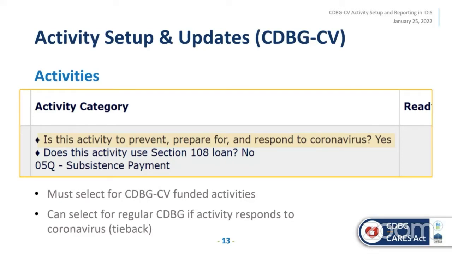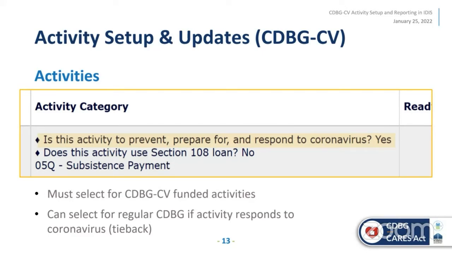Here's one of the main questions that it's very important to make sure you do correctly. It's the question that says, is this activity to prevent, prepare for, or respond to coronavirus? You have to answer this yes if you are going to be funding this activity with CV funds.